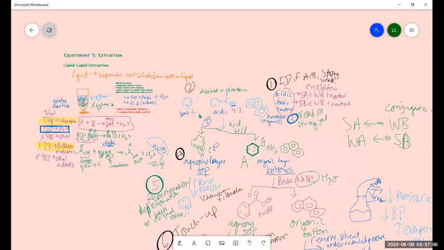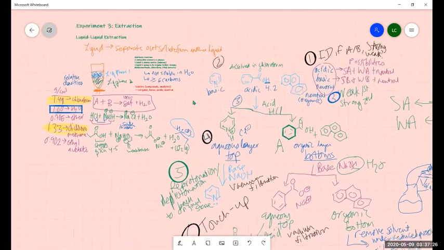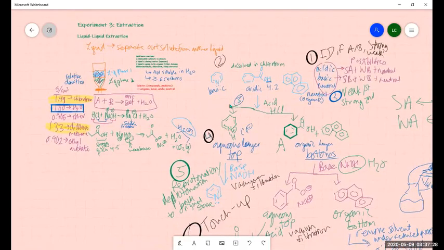Once again, this is a separation technique, and you can assess the purity by looking at your melting points, and seeing how close they are to the pure substance, or to the true values of those compounds.